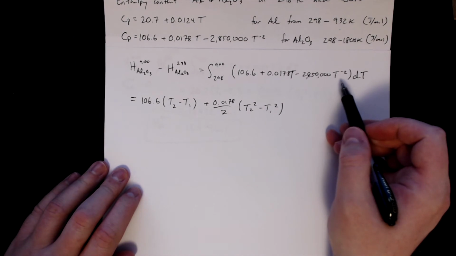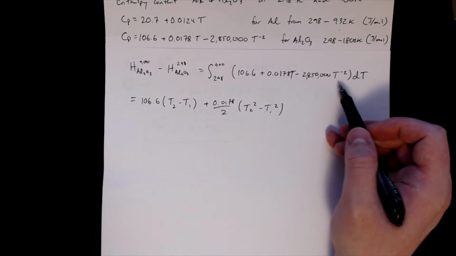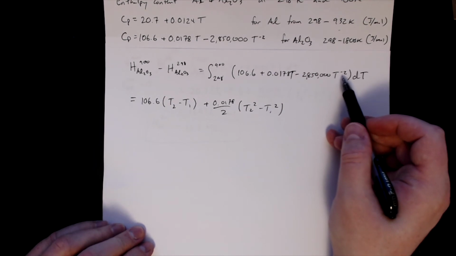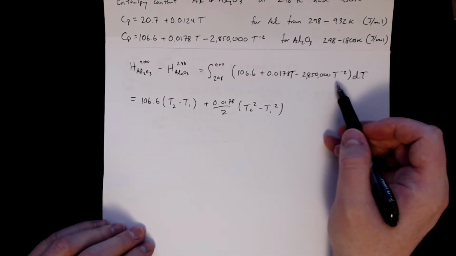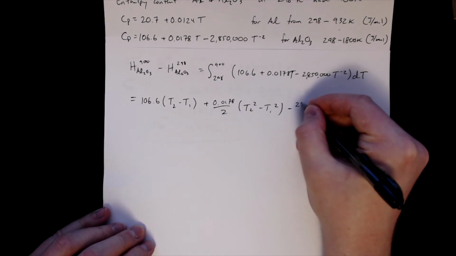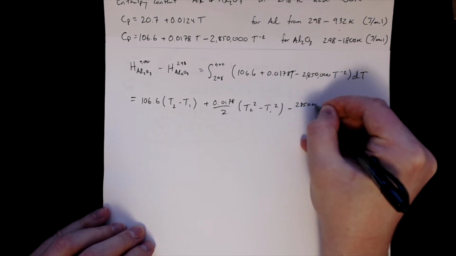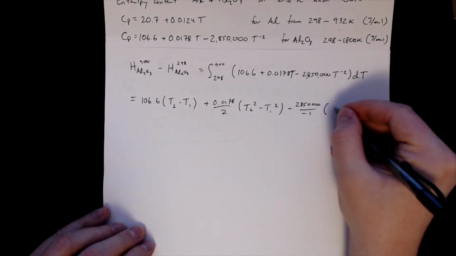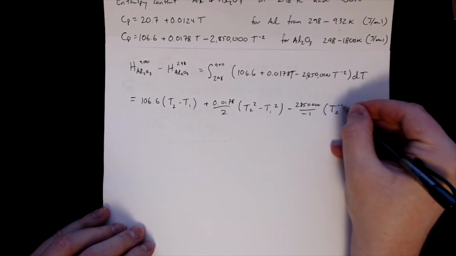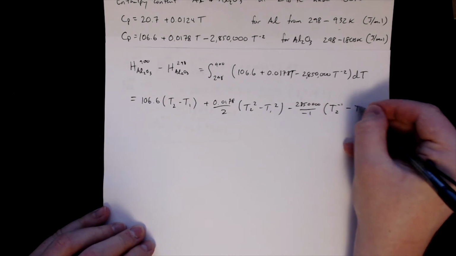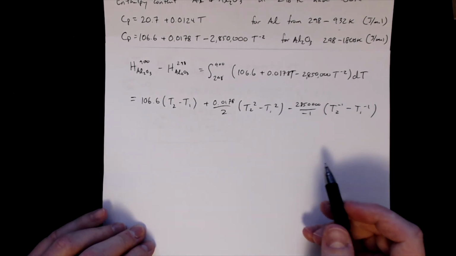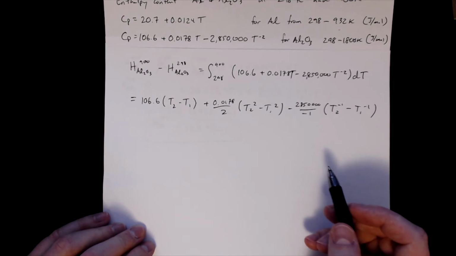And then here we have a negative, so it's the same rule, the plus 1 rule, and so we add 1, so this should be T to the minus 1. So we're going to take the constant divided by minus 1, and then we have T2 to the minus 1 minus T1 to the minus 1. So it's the same rule for all of these powers.